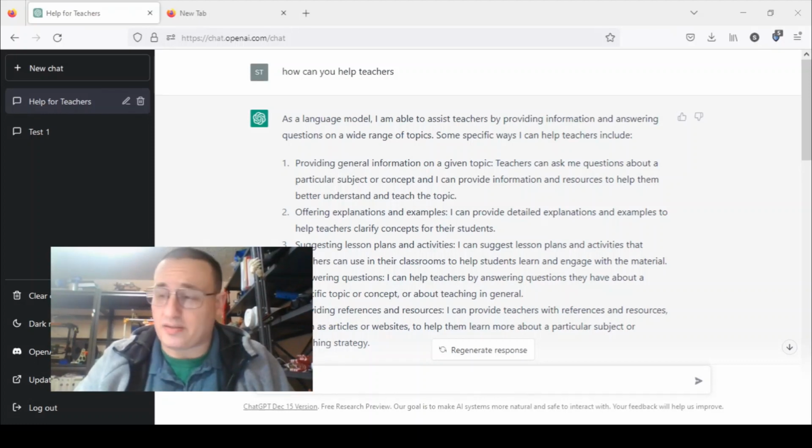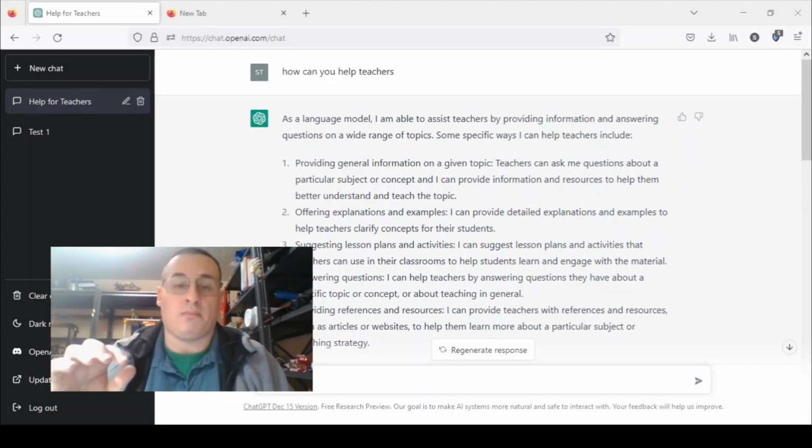I did a test yesterday, and if you're worried about security and students' honesty in using this, the way it works is it scrapes information from not only Google and Wikipedia, but from multiple other sites as well.